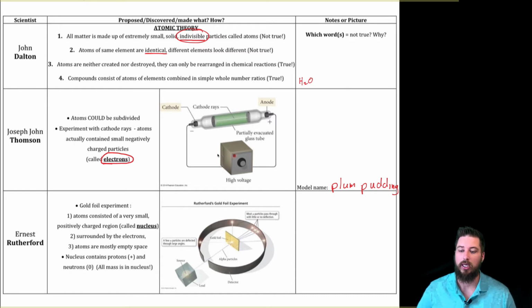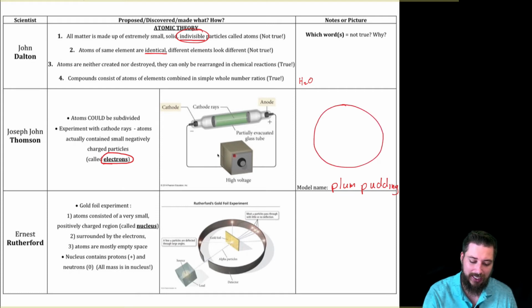What he said is that the atom is actually this positive sphere, and within that sphere, he said there's a bunch of negatively charged particles that are uniformly spread throughout that he called electrons.